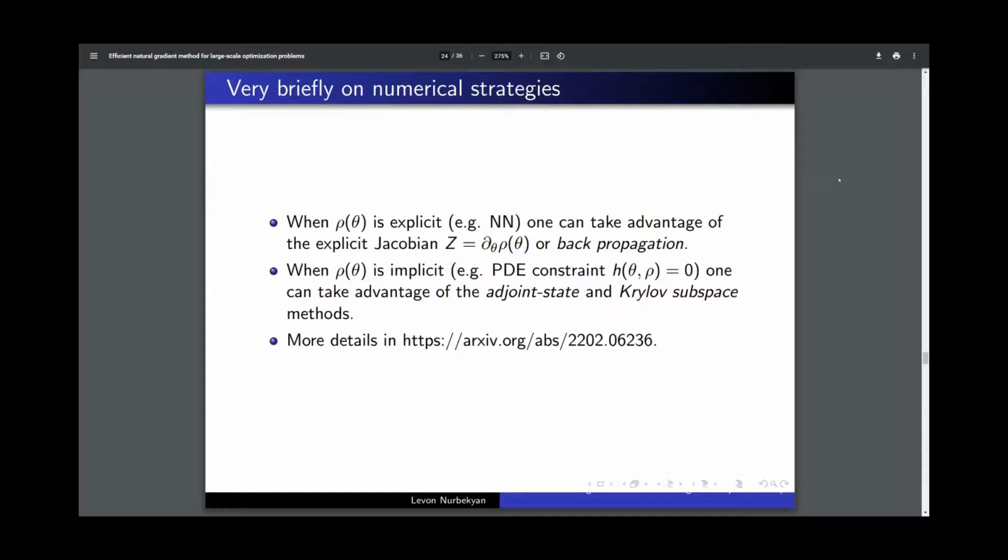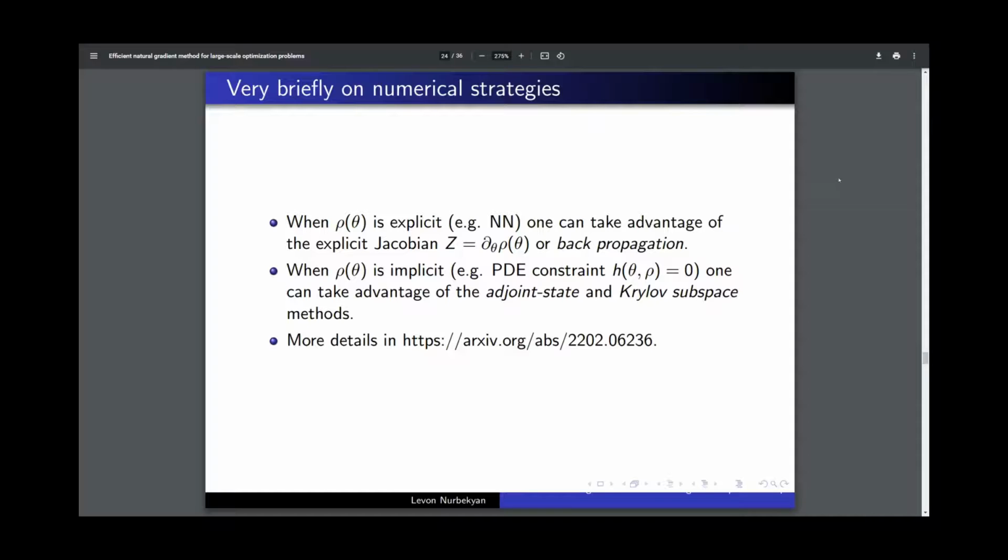So a little bit about the strategies, and if someone is interested later on, we can discuss this in the technical details. If we have an explicit forward model such as a neural network, then we can take advantage of either the explicit Jacobian if the parameter size is not so large.